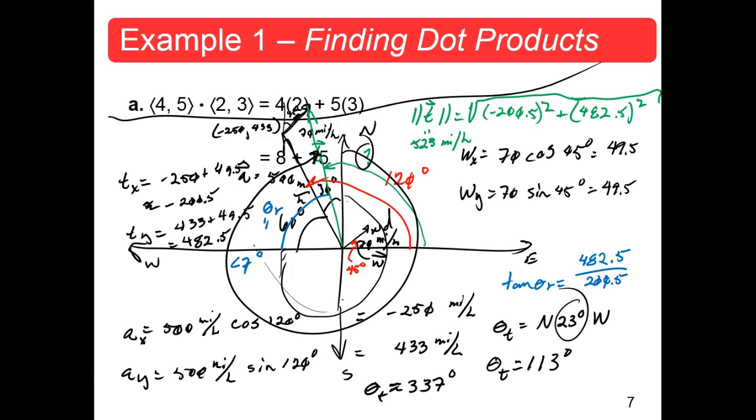As long as you identify what you're measuring from, those are fine. North 23 West is perfectly fine, but that's what they gave wind speed by, not the direction of the airplane. The 113 you'd have to really describe counterclockwise from due east.